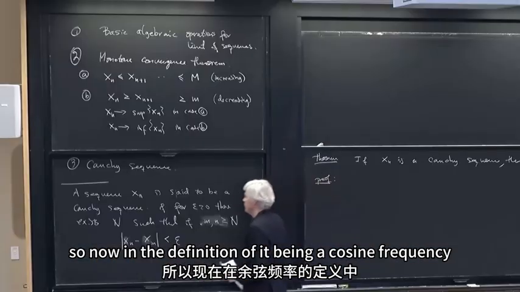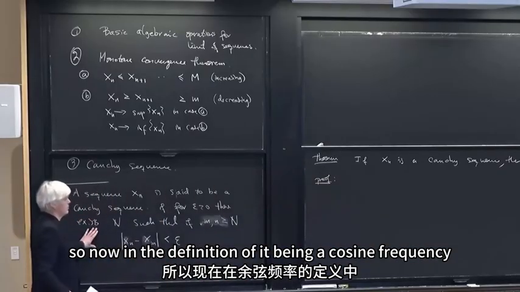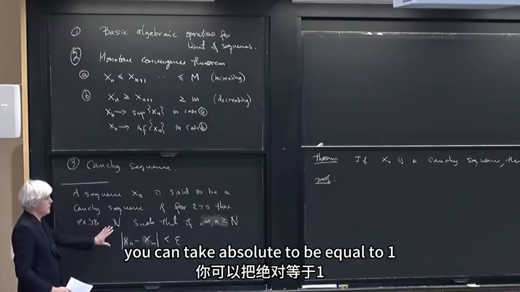Now in the definition of being a Cauchy sequence, you can take epsilon to be equal to 1.